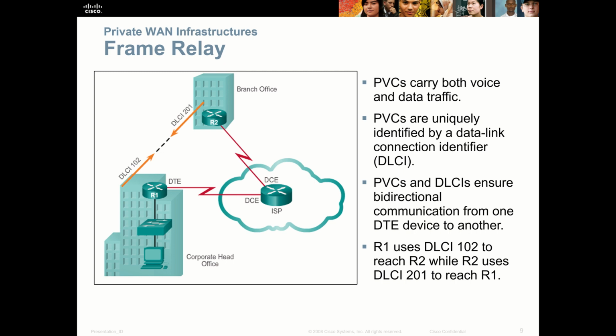Frame relay is used to transfer data between LANs that are separated geographically across a WAN. In the example here, we have the corporate head office trying to communicate with the branch office through the WAN.